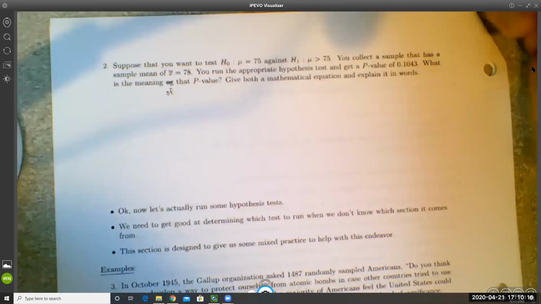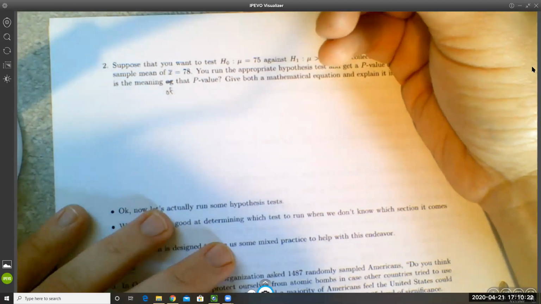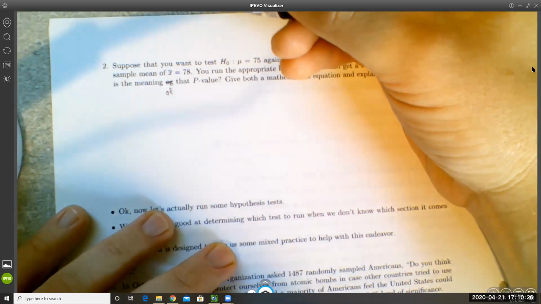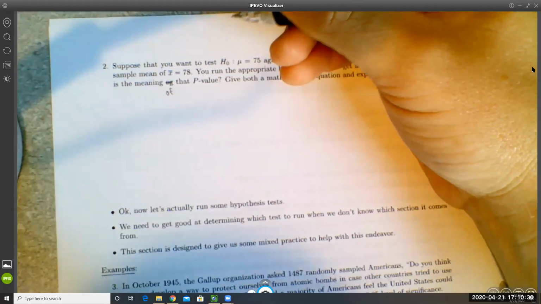Anyway, okay, but let's write that down. So the meaning of this p-value, I'm going to word it a little differently than I worded the first one, just because I want to give you a different way to think about it.